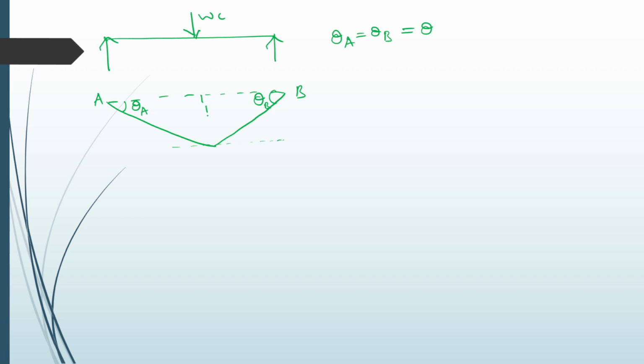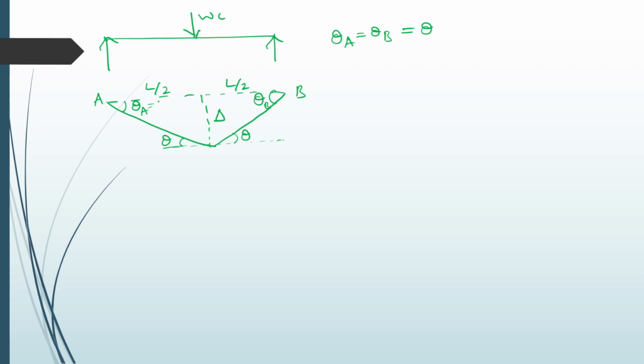This is the maximum displacement for this collapse load, delta. This length is L by 2 and this length is L by 2. We are going to identify the value of delta. These are opposite angles, so this is theta and this is also theta.